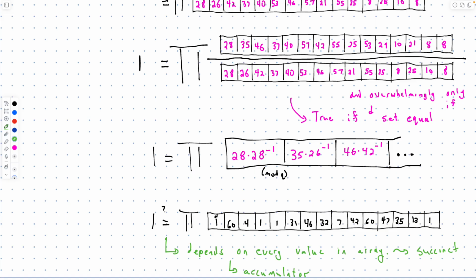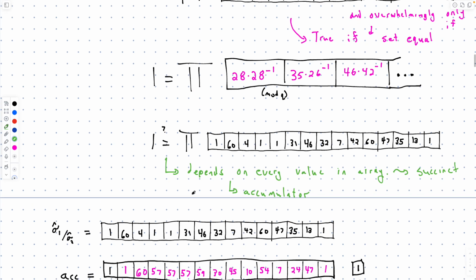Then in the next element, I'll have 1 times 60 times 4, and then 1 times 60 times 4 times 1. So you can think of it as a running product: wherever I'm at, it has the product of this value and all of the previous values. Why is this any better? Don't know yet, but just suspend your disbelief. Let's try and understand the construction itself.